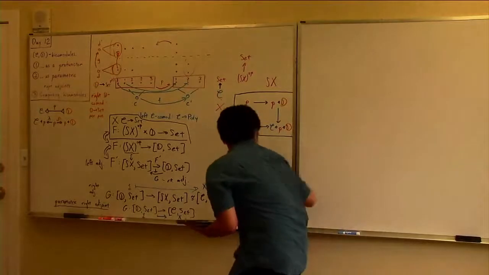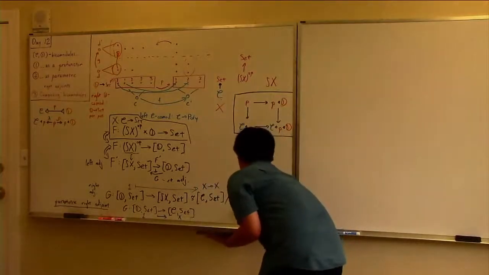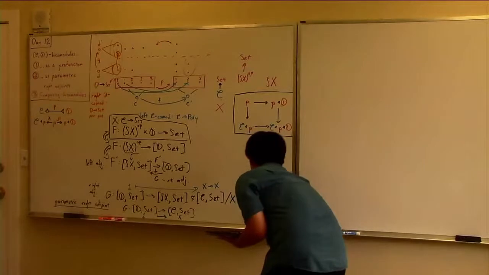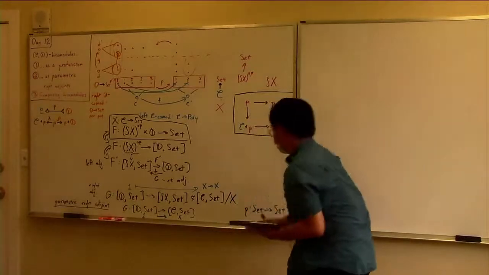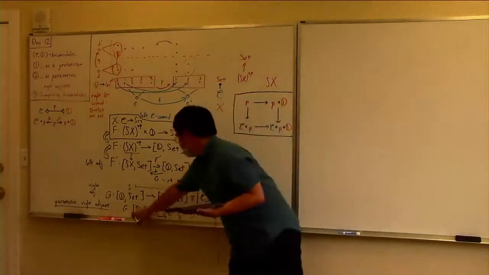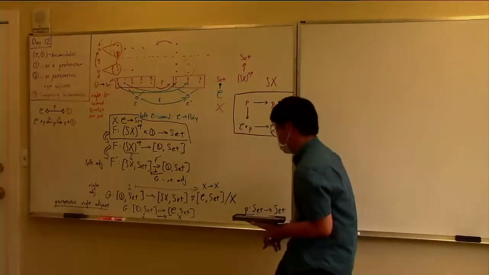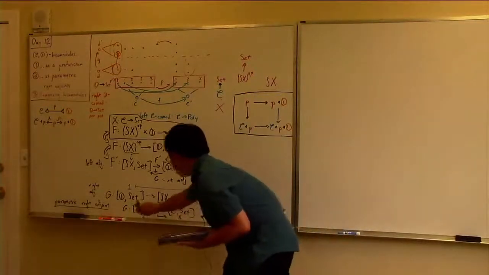And you can think of any polynomial functor P as a parametric right adjoint from set to set. So here, basically, D is going to be the one object category.